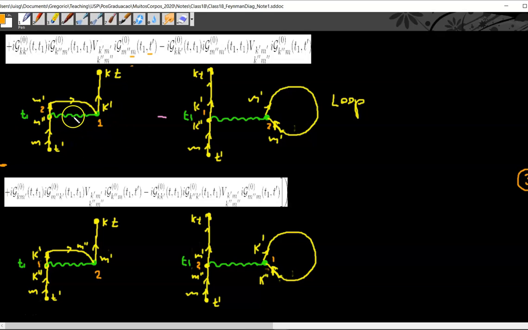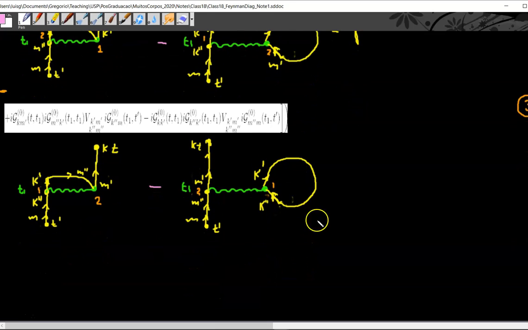All right, so that's the idea. These topologically equivalent diagrams are the same contribution. Same thing here, even the minus sign that comes in here is the same. So this term is equivalent to this one. The only thing I'm doing is exchanging 1 and 2 and m and k prime. You can check for yourself. So far, we have only these 2 contributions going on.